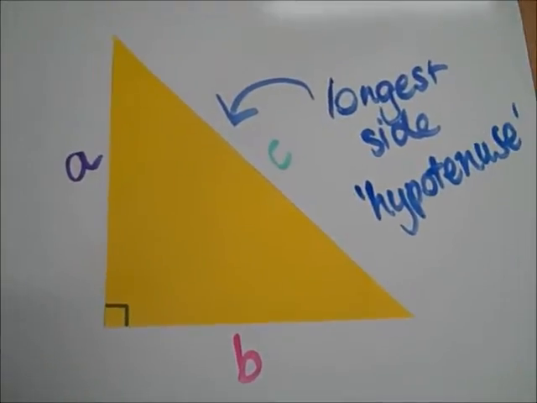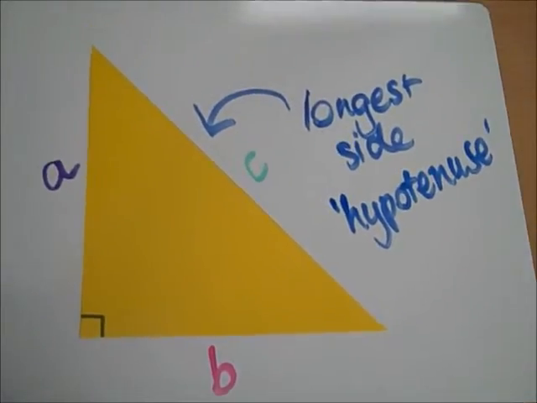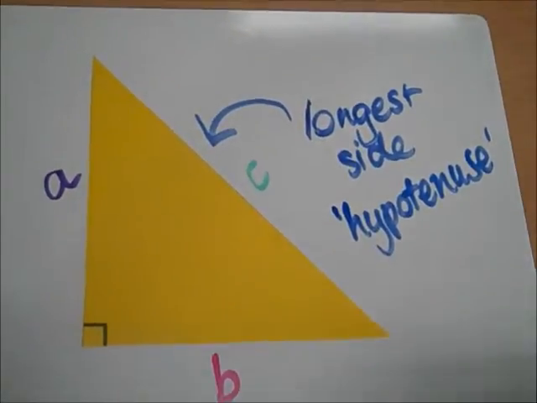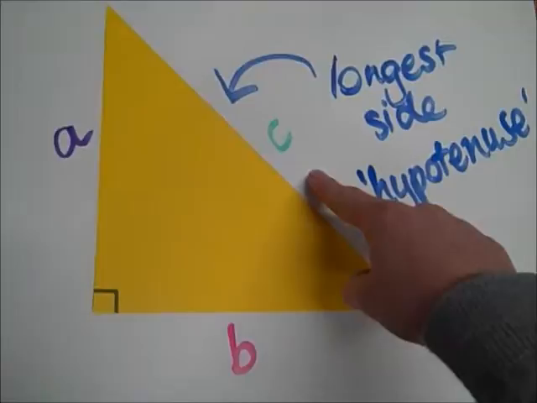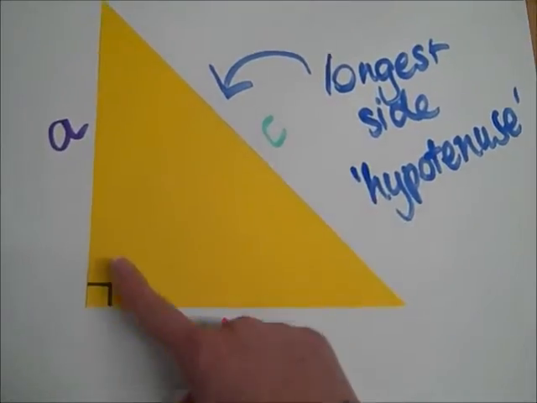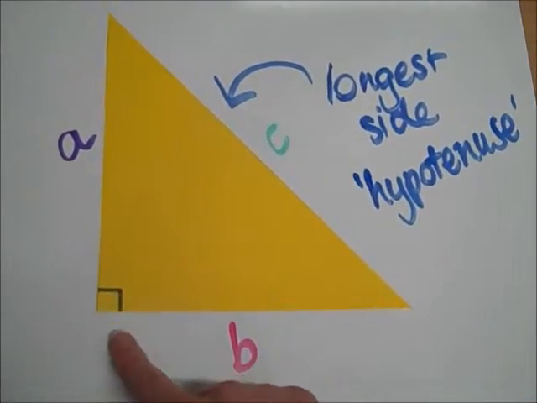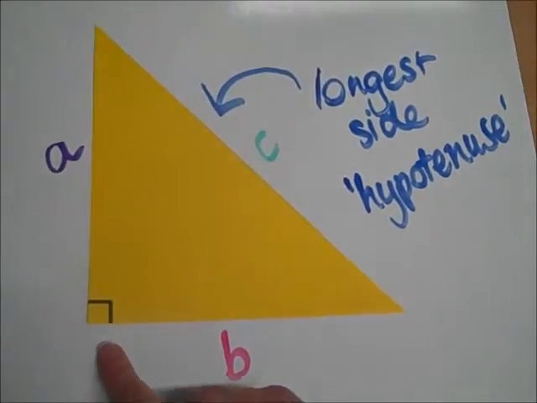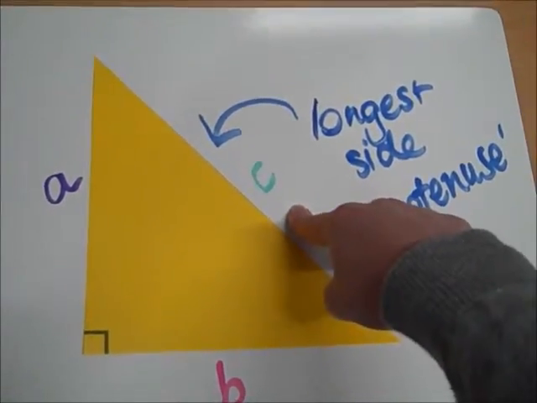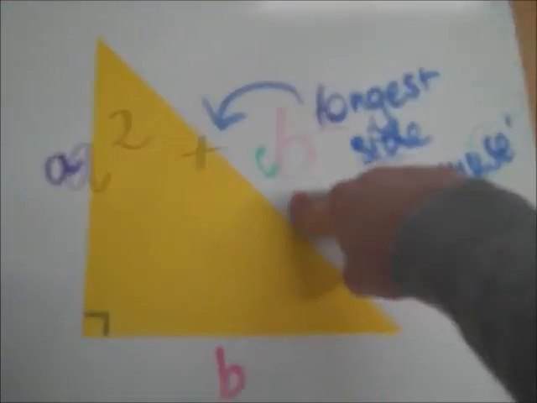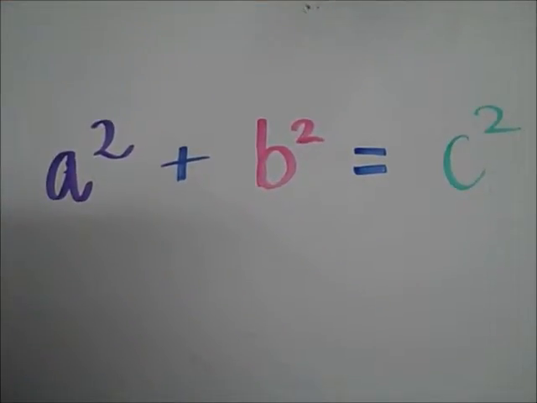One other fancy little trick to always make sure that you label the hypotenuse correctly is that the longest side, or the hypotenuse, better known as c, is always directly opposite the right angle. So if you find the right angle in your right-angled triangle, straight across to the other side, you will always find letter c. But let's get back to the formula.